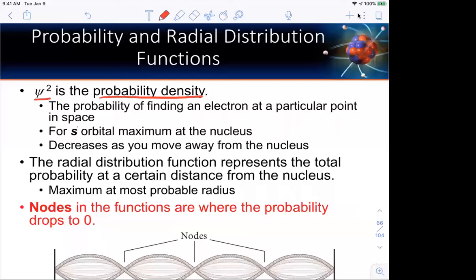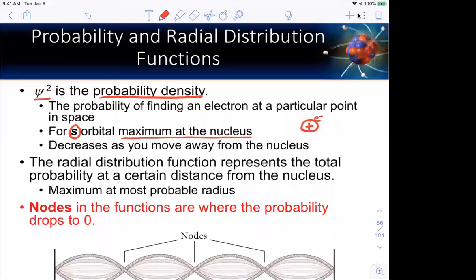So for an s orbital, I have a maximum at the nucleus. Remember, if I have my positively charged nucleus, those electrons want to be close to the positive charge. Those are attractive. So the highest probability of finding an electron in an s orbital is at the nucleus.